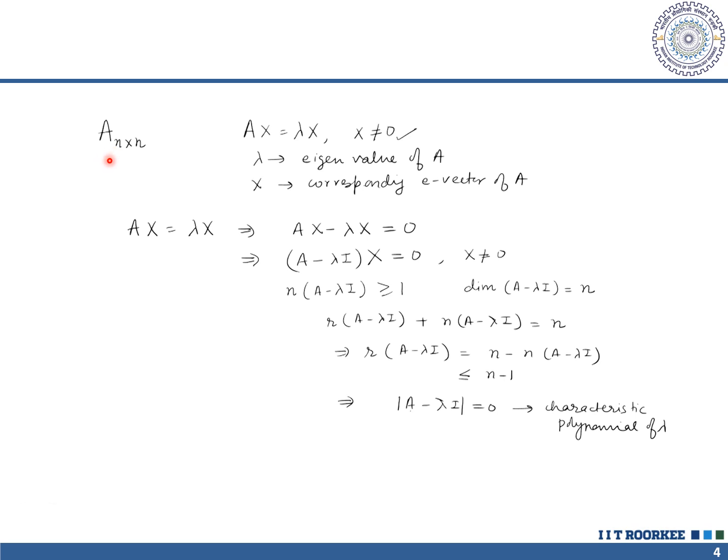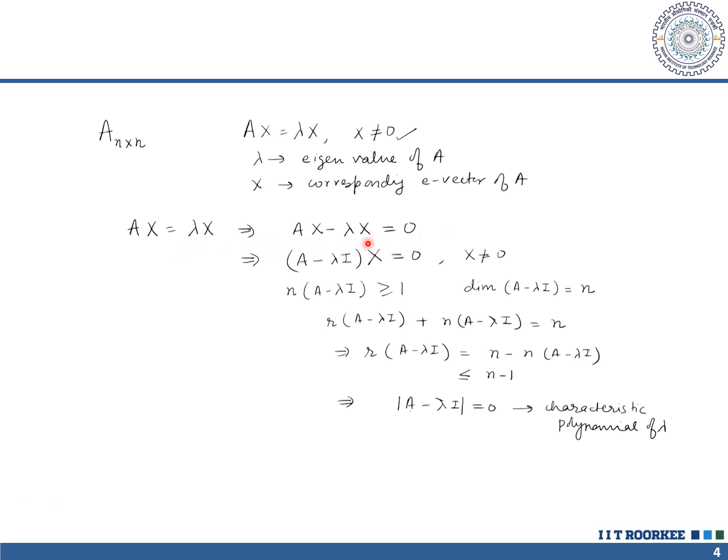Let A be a square matrix of order n and consider the homogeneous system of equations Ax equal to lambda x, where x is not equal to 0. Here lambda is called an eigenvalue of A and x is called the corresponding eigenvector of A, for which its eigenvalue is lambda. Ax equal to lambda x. When we bring lambda x to this side, Ax minus lambda x equal to 0.